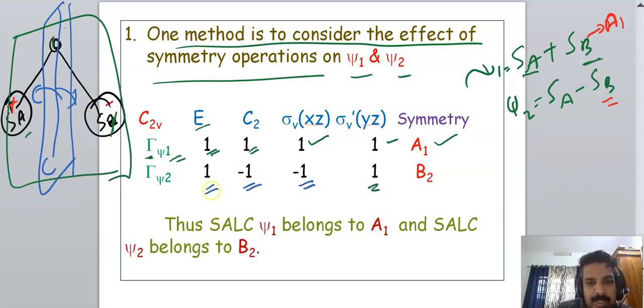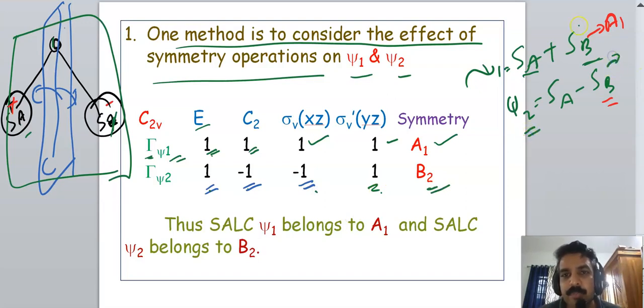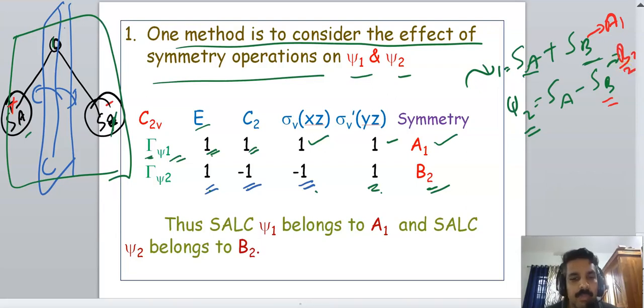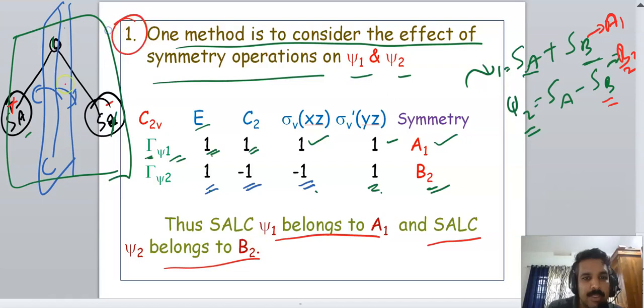So the characters are 1, minus 1, minus 1, 1. Going back to the character table, we can see that it is B2 symmetry. Therefore psi2, SA minus SB, belongs to B2 symmetry. So SALC psi1 belongs to A1 and SALC psi2 belongs to B2. This is the first method.